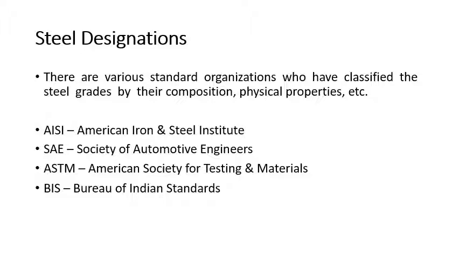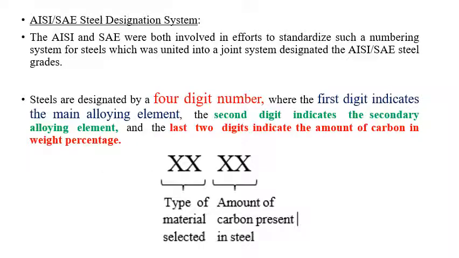We use many terminologies to indicate the type of steel. Here we have taken two, AISI and SAE. According to these, for example, we write SAE 1020.